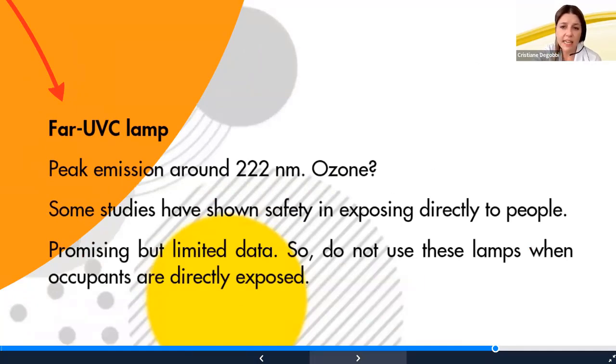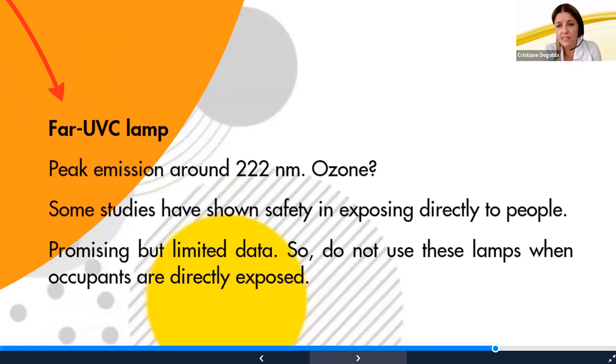Far UVC lamp. These ones are a little bit different. The wavelength is a little bit shorter than the ones that are used for UVC. It may produce ozone, but again, this is not the main concern.